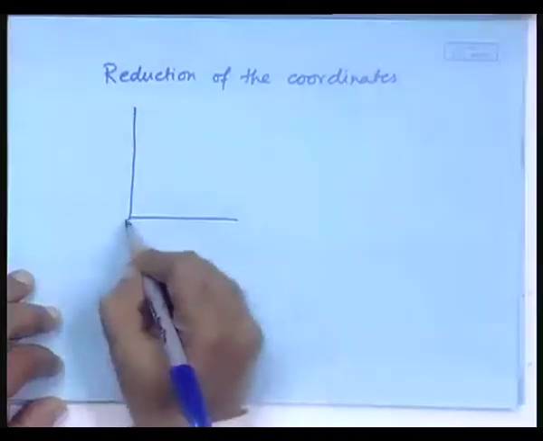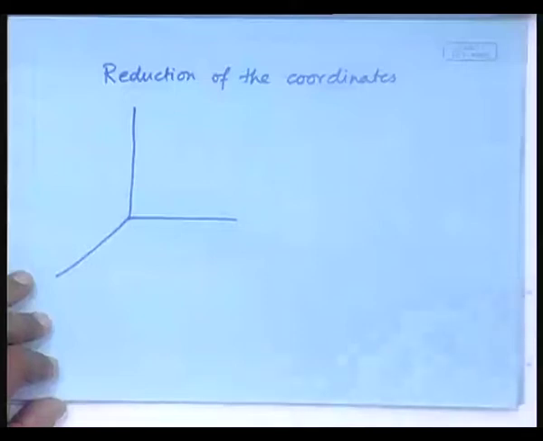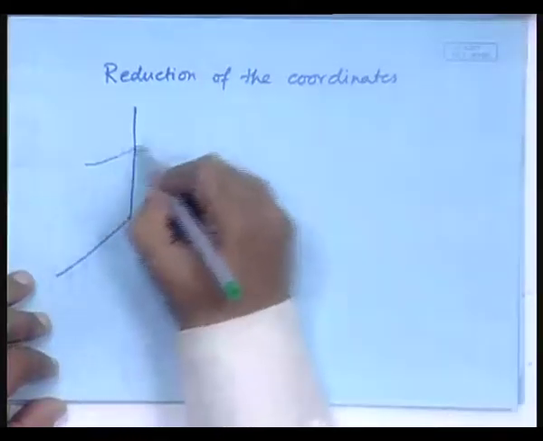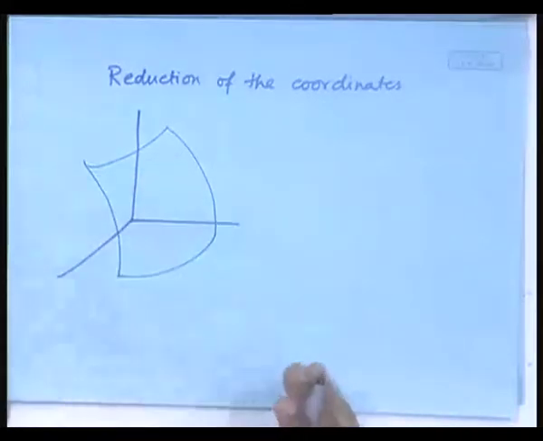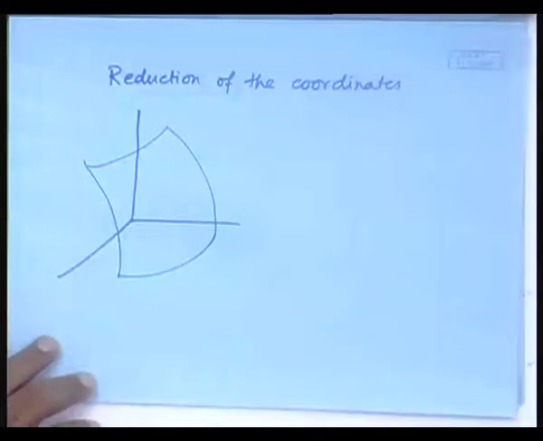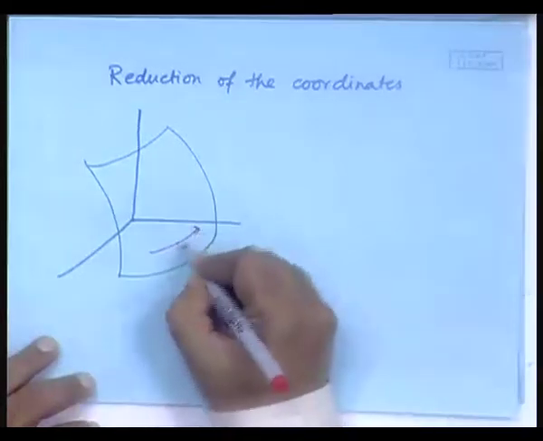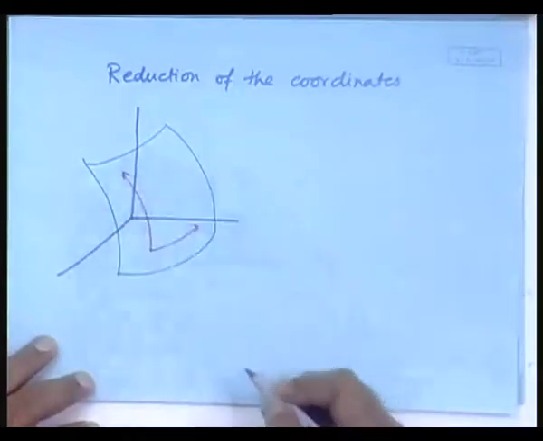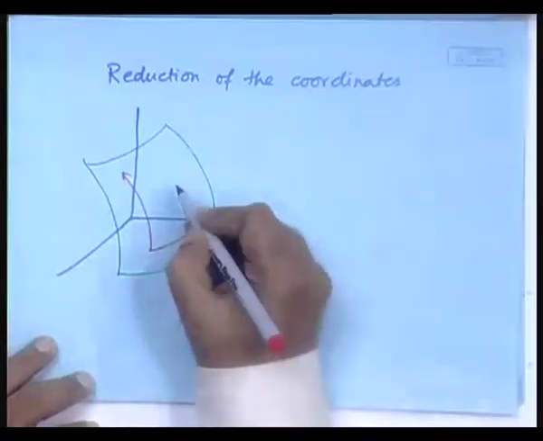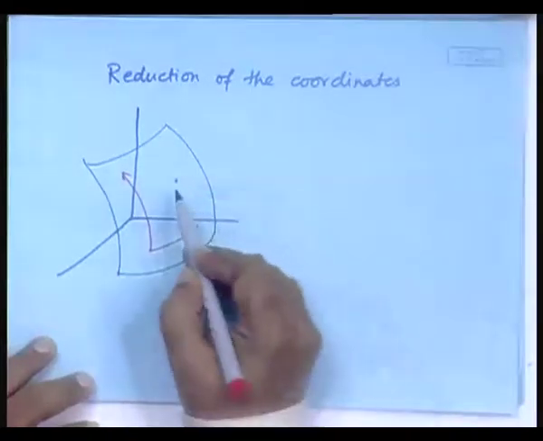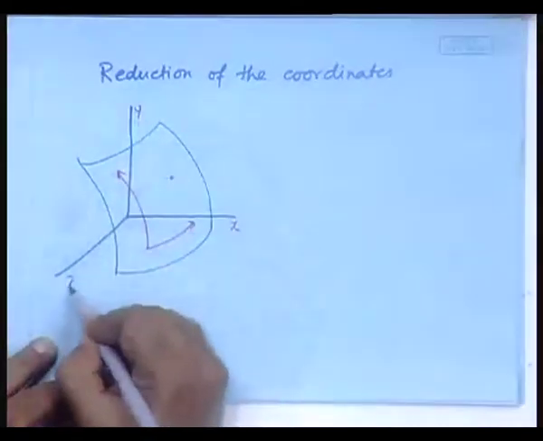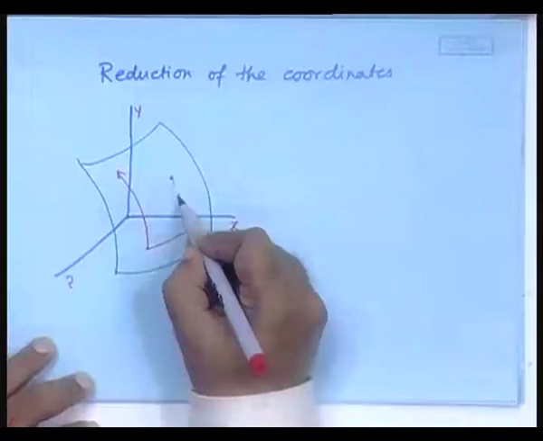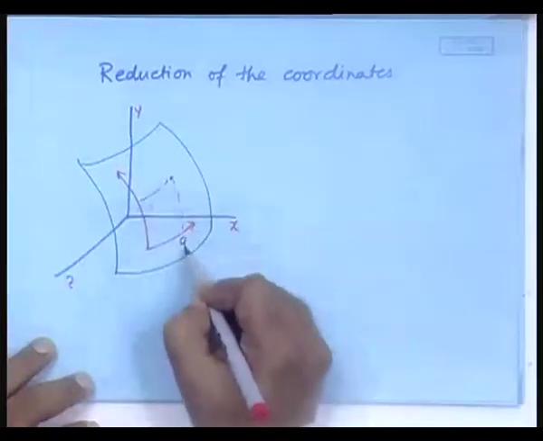So, we said that if we have an original thing like this, and we know that the behavior is constrained on this kind of a surface, then we would define a new set of coordinates, and then any point which was earlier expressed in terms of x, y, z, now would have to be expressed in terms of q1 and q2.